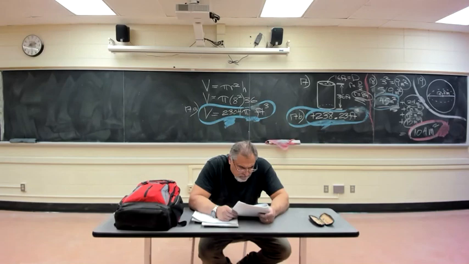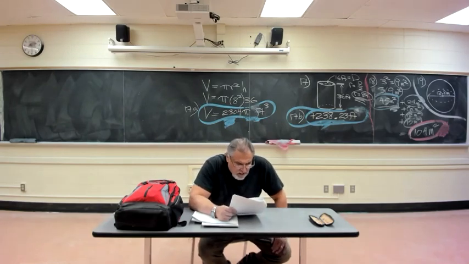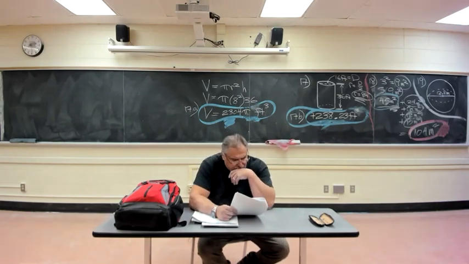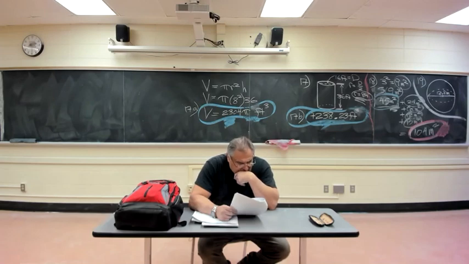9 and 10. Okay, that's a good point. I might be doing something wrong here. Let's see. There's 9 and there's 10. 9 and 10 is going to be 19.